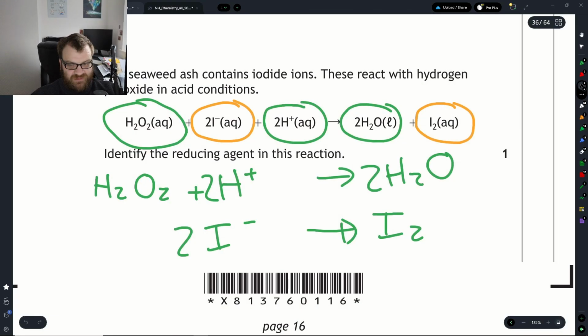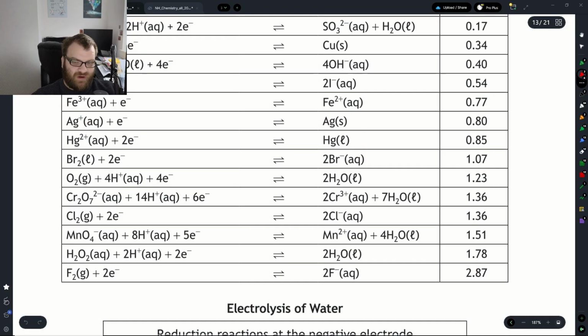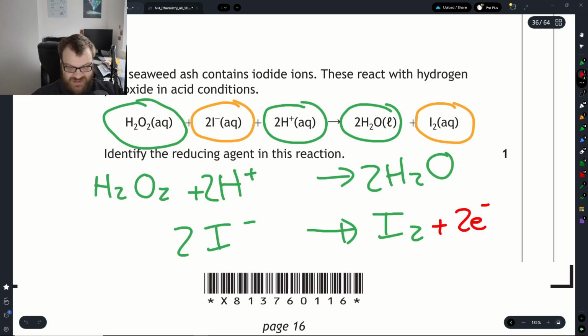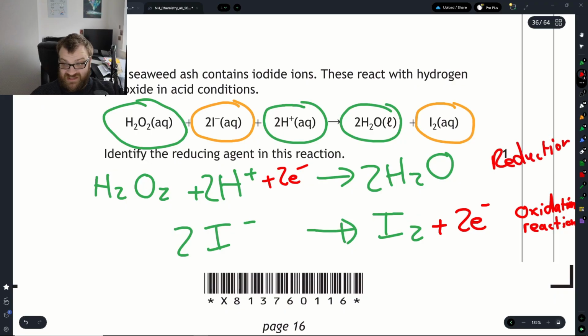Back over here, I can put the electrons on the right side. What that also allows me to do is decide if that is an oxidation or a reduction reaction. I can see it's the opposite way around to reduction, so for this it has to be an oxidation reaction. Now, without looking any deeper than that, the other equation has the electrons on the other side, so it has to be a reduction reaction. Redox: one of each.